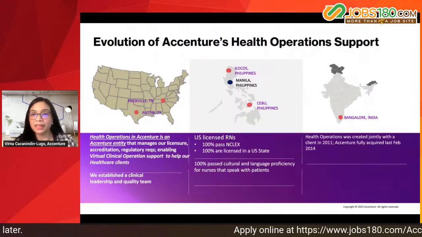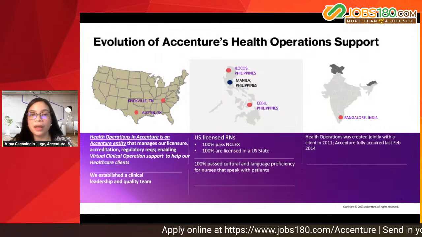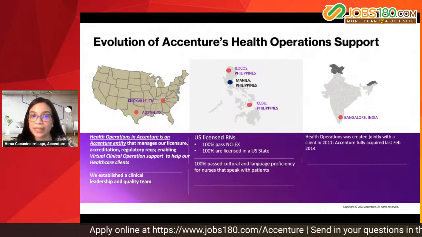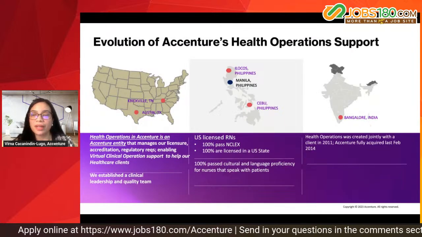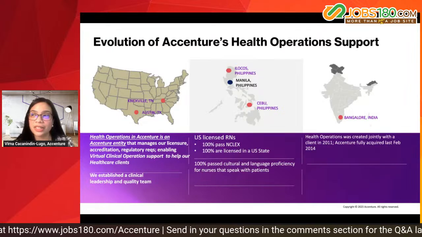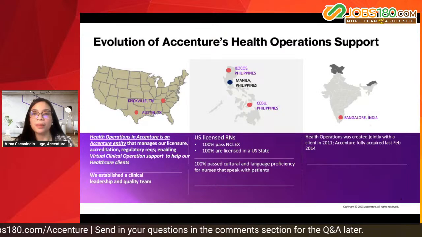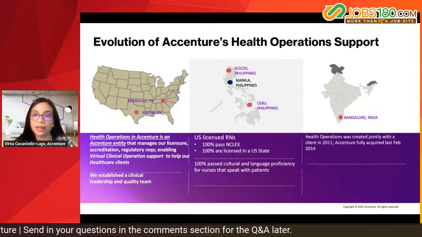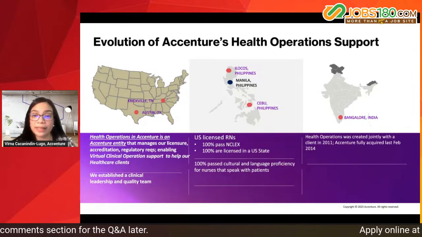And I just want to give you an overview of how health operations supports Accenture. Accenture is known for technology, consultation, but it's really new to have a health activity that is provided by Accenture.